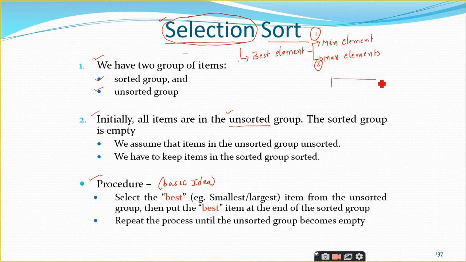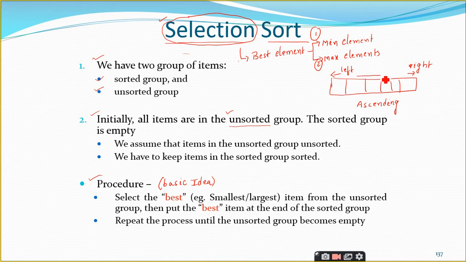For example, the array will be like this, we know this one. This is called the left end and this is called the right end. Assume that you are taking the ascending order. When you consider the ascending order, you know very well that the left side part of the array should be minimum.